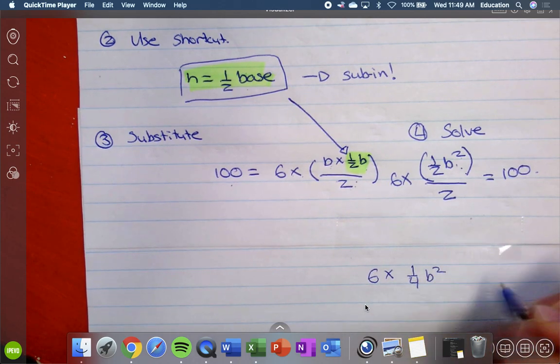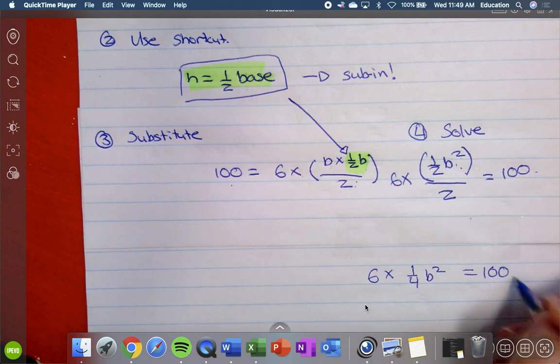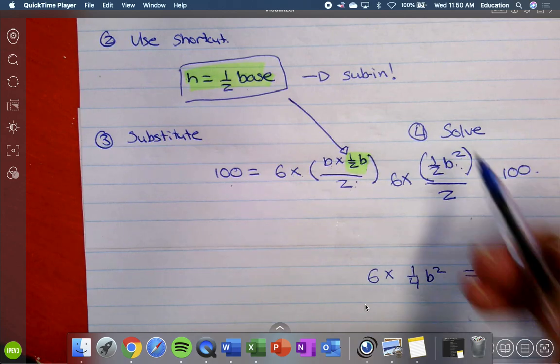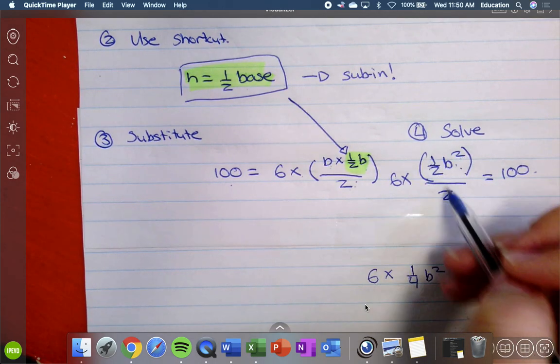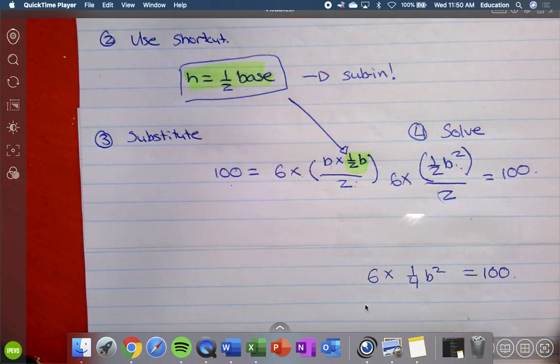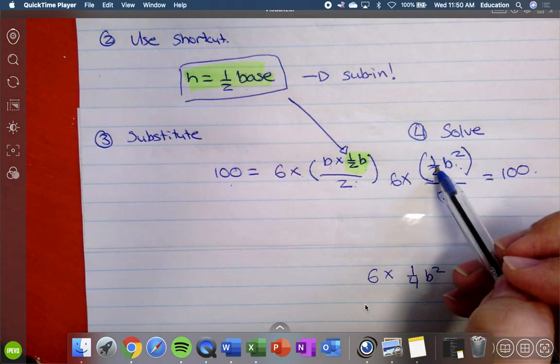B squared is equal to 100. Okay? But wait, base squared divided by 2 is in... Well, squared is up here, so we only divide the coefficients. This is a half divided by 2.